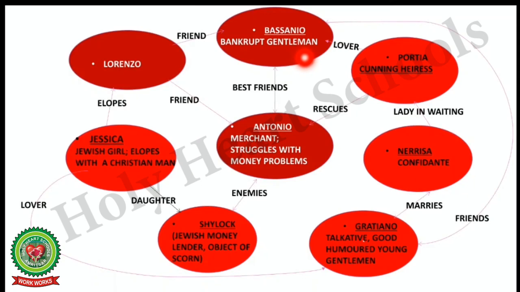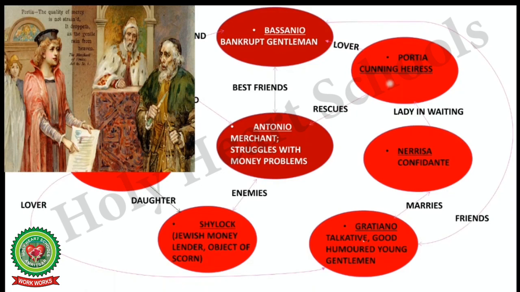In Belmont, Bassanio chooses the right casket and marries Portia, and Gratiano marries Nerissa. Students, Nerissa is Portia's waiting lady, that is her maid. Immediately after getting married, Bassanio left for Venice as the bond signed between Antonio and Shylock has been forfeited. And Shylock has filed a case against Antonio in the court of Venice. Portia disguises herself as a lawyer and Nerissa as her clerk.